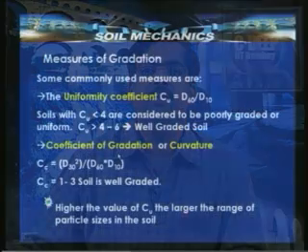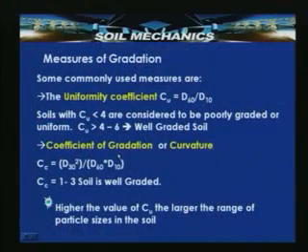So, for the soil to be well graded, the coefficient of uniformity has to be greater than 4 and Cc in the range of 1 to 3, then the soil is said to be well graded.